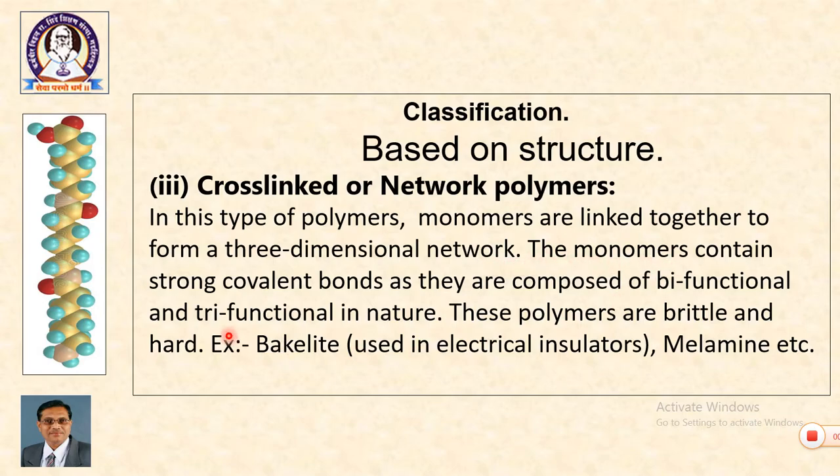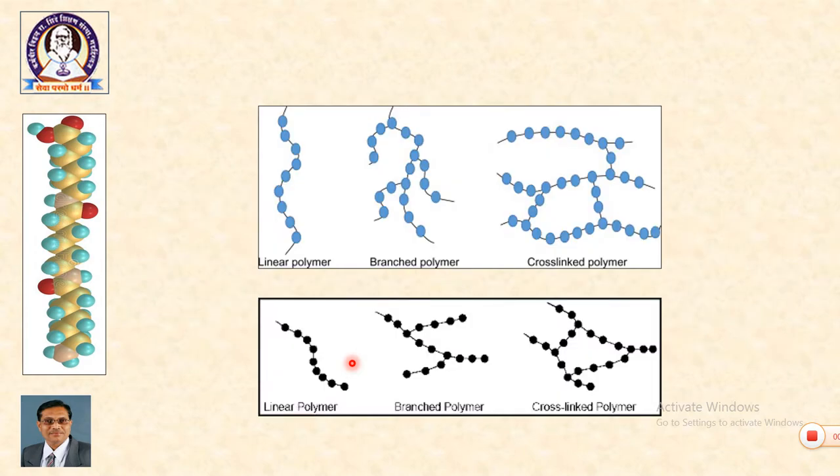The monomers contain strong covalent bonds as they are composed of bifunctional and trifunctional structures in nature. These polymers are brittle and hard. Bakelite is the example of a cross-linked polymer. So, this is linear polymer, this is branched polymer, this is cross-linked.